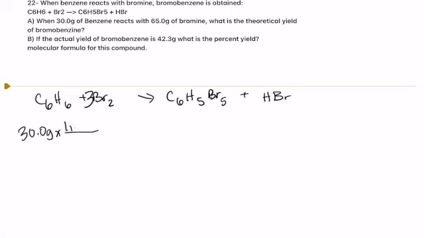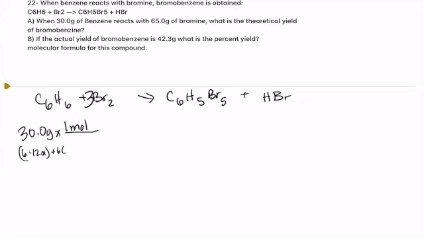When benzene reacts with bromine, bromobenzene is obtained. We look at our equation. I've taken the liberty here to balance the equation for us. A 30-gram sample of benzene reacts with 65 grams of bromine. What is the theoretical yield?